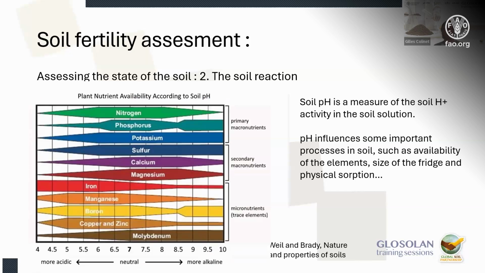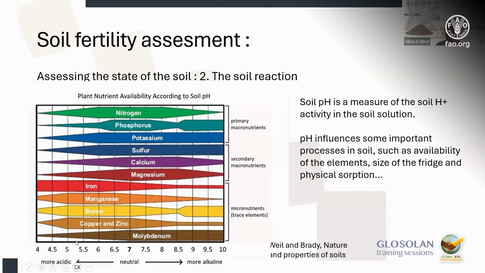So this is also a widely used figure about the effect of soil pH on plant nutrient availability. Considering that the best range of availability for most plants is between 6.5 and 7.5, that's where you have the best availability of elements such as nitrogen and phosphorus. If you are in too acidic conditions, these elements won't be available.